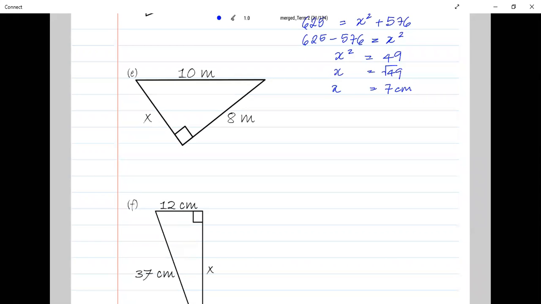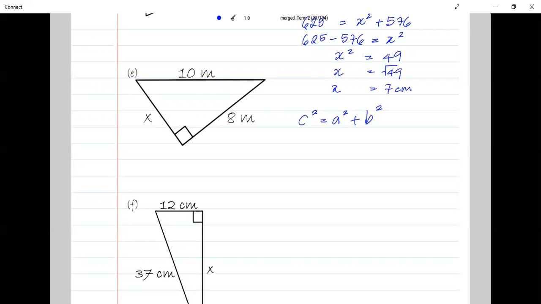So the Pythagoras Theorem formula is C squared is equal to A squared plus B squared. Now, in the Pythagoras Theorem formula, C is the hypotenuse and A and B are the other two sides.